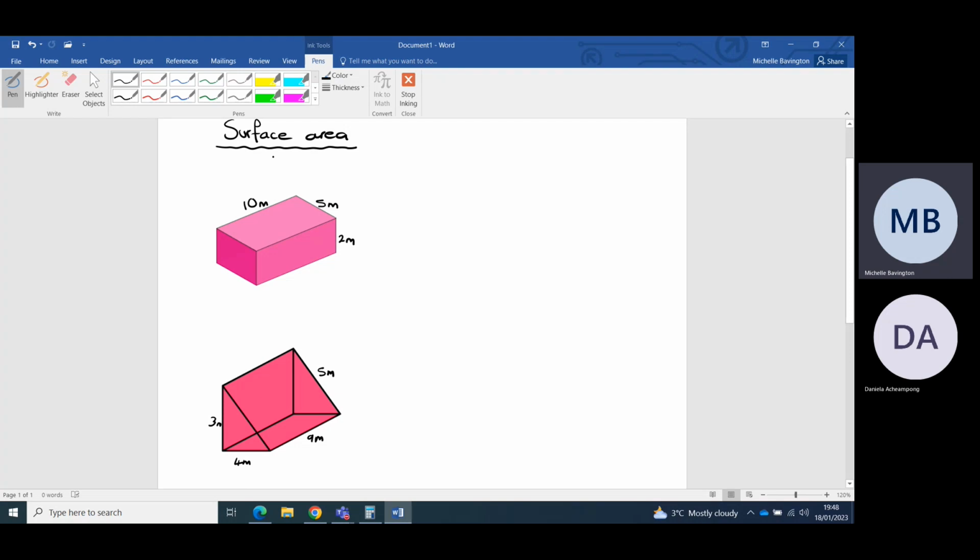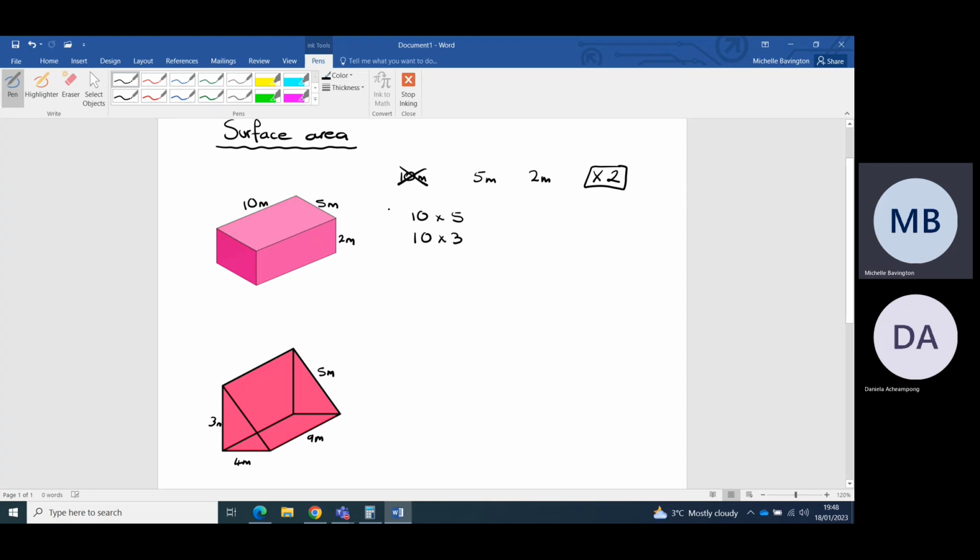Okay, surface area. So I've got 10 meters, I've got 5 meters, and I've got 3 meters, and I need to times that all by 2. So I'm going to do 10 times 5 and 10 times 3.